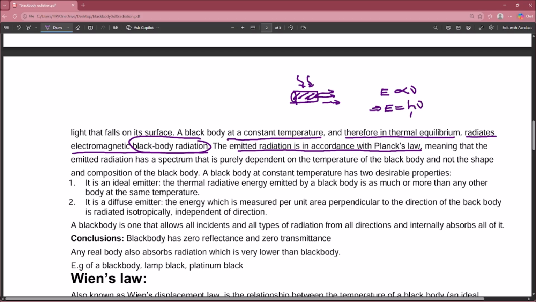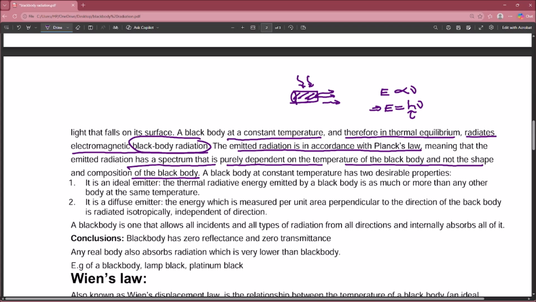This is called Planck's constant, which has the value 6.634 into 10 to the power minus 34, meaning that the emitted radiation has a spectrum that is purely dependent on the temperature of the black body, not the shape and composition of the body.